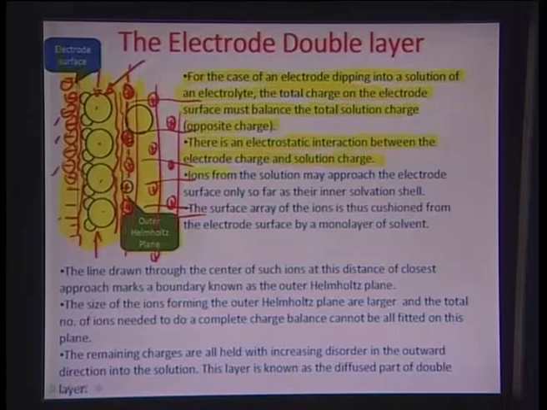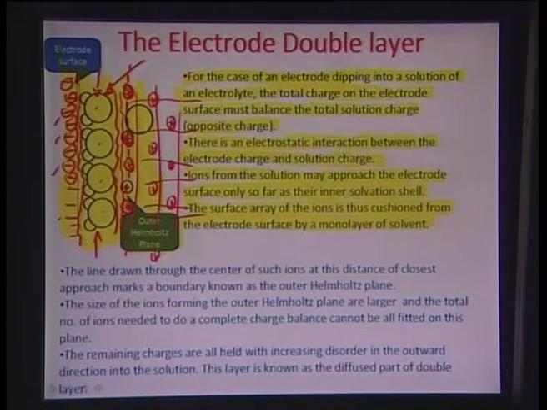Ions from the solution may approach the electrode surface only as far as their inner solvation shells, and the inner solvation shell is essentially this single monolayer of water separating the ion in the solution and the negative charge on the electrode. The surface array of ions is thus cushioned from the electrode surface by this monolayer of dielectric, which is water.